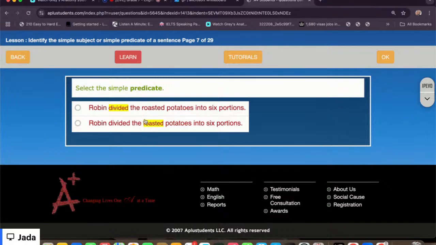Select the simple predicate. Robin divided the roasted potatoes into six portions. So, what is the simple predicate here?